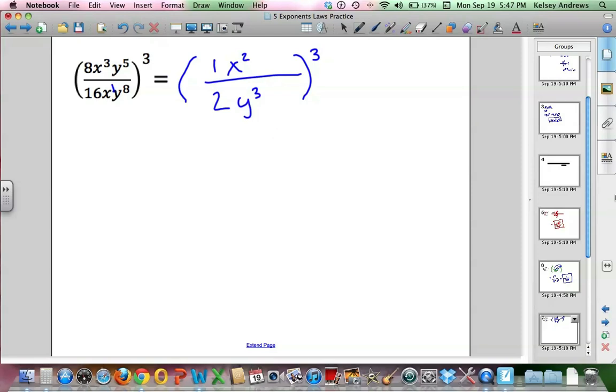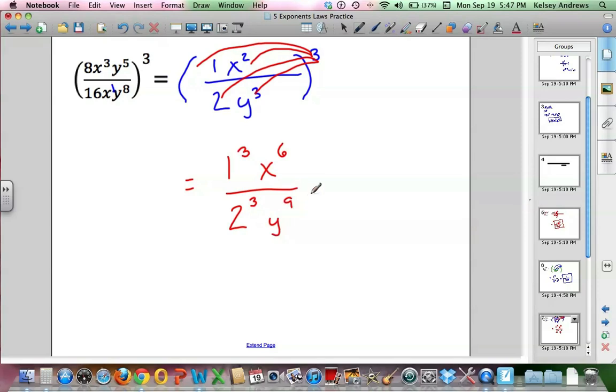Now we can go through and share that exponent with everything that's inside. Our little spider web here, there we go. 1 to the third power and x to the 6th because we're multiplying 2 times 3. 2 to the third power and y to the 9th because we're multiplying 3 times 3.